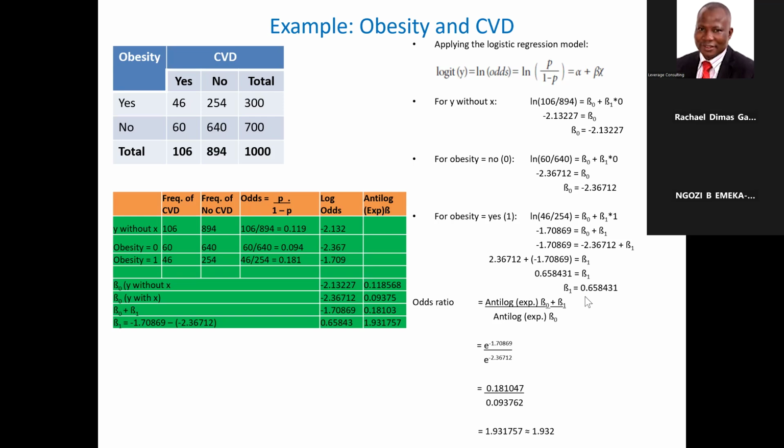You remember the way we calculate the odds ratio by hand. Just say 46 times 640 divided by 254 divided by 60.